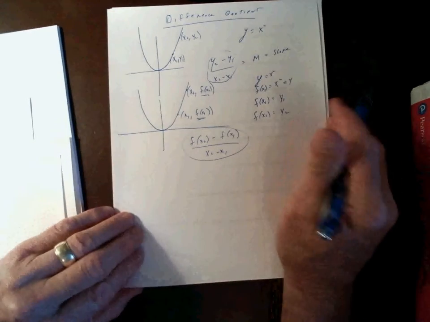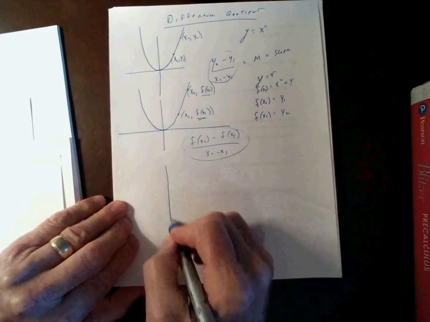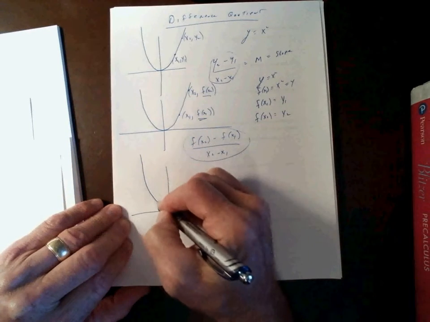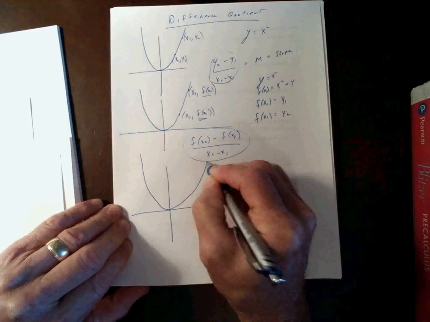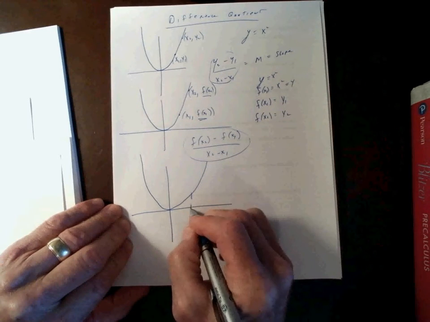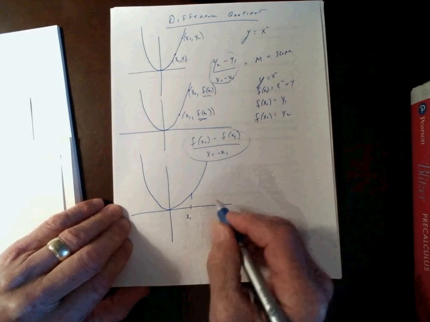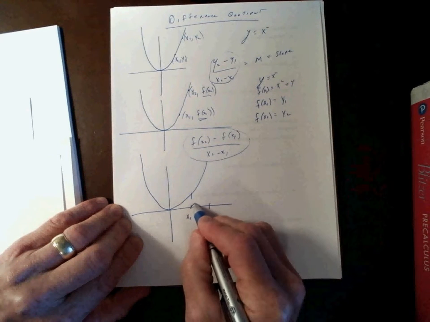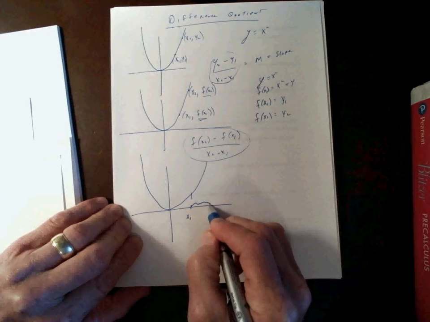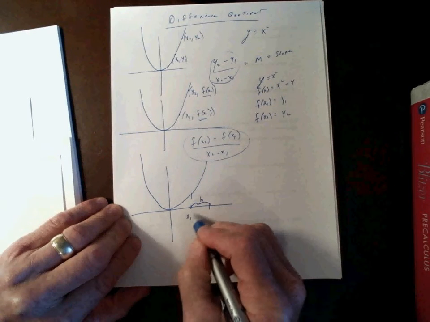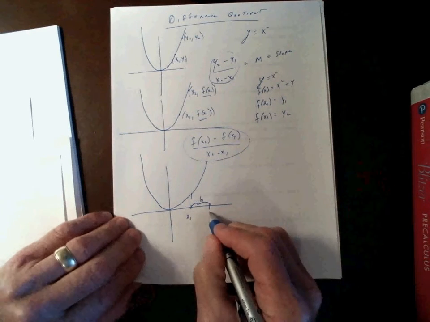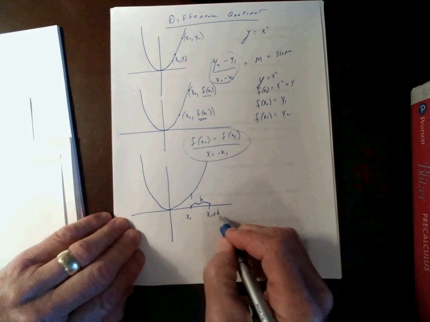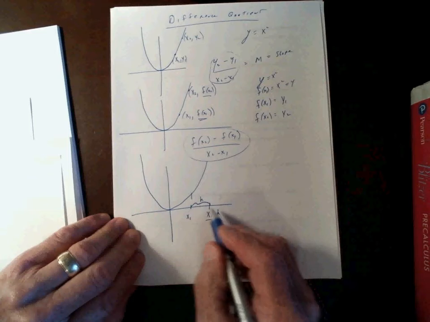Now let's go to another way to describe this. Let's say this first point we're going to call x1. Let's say that x2 is over here, but I'm going to describe that as just being h units away from x1. So I could describe this as x1 plus h. That would be the x value, because I'm just h units beyond x1.